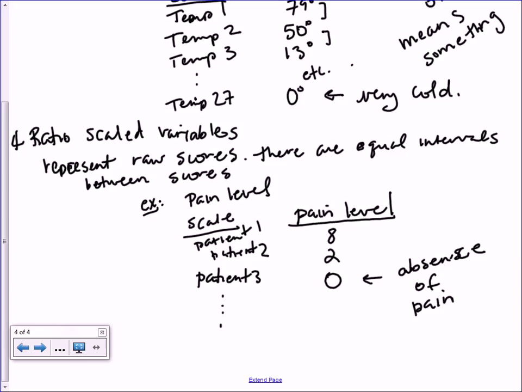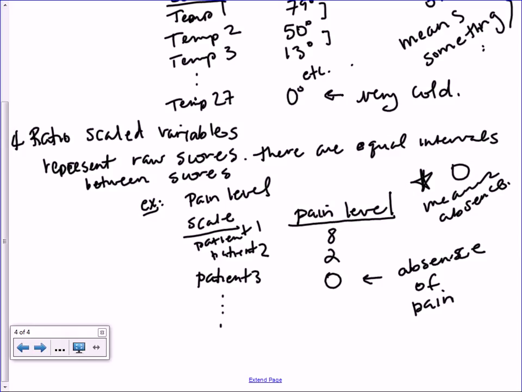Whereas up here, when we talk about the 0 in an interval scaled variable, 0 doesn't mean the absence. 0 means something. In a ratio, 0 means absence, means it doesn't exist. A 0 means that patient doesn't have a pain level, or a 0 means that person didn't answer the question, or something like that.